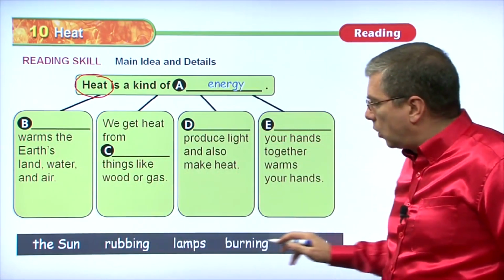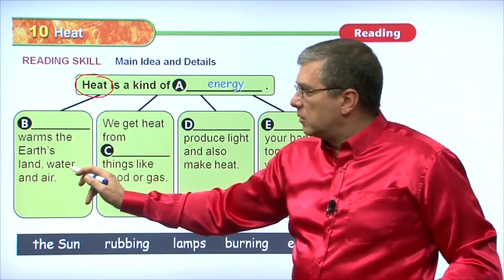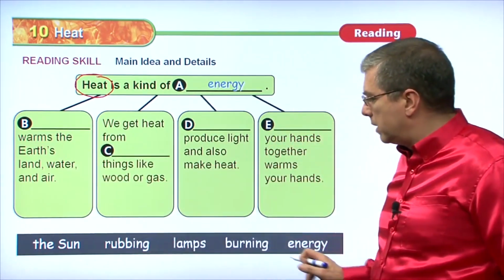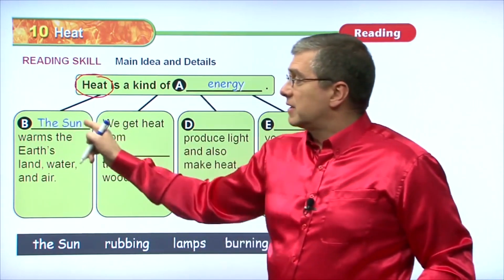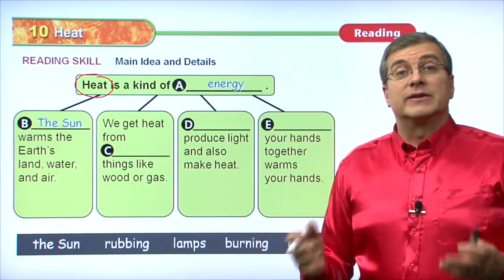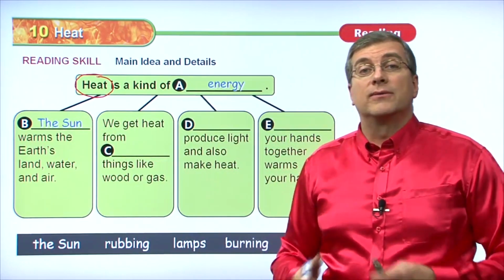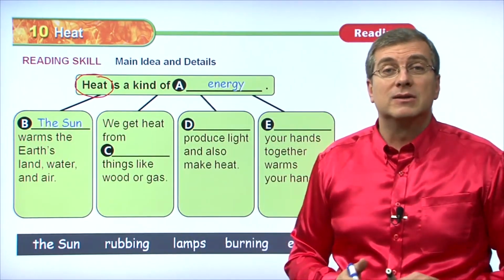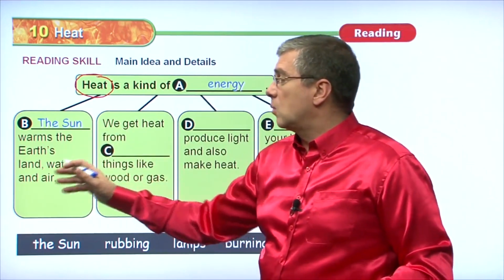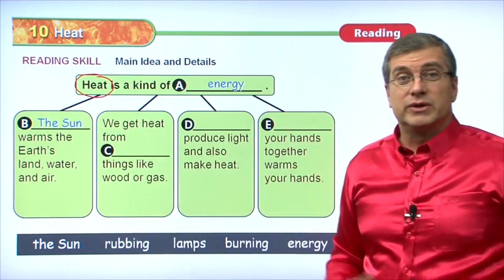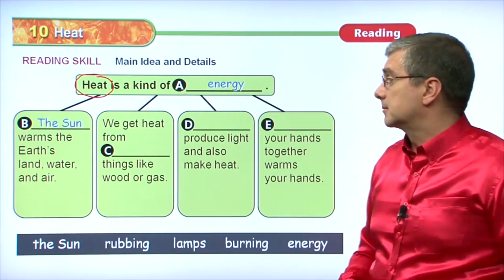What thing down here does that? You should choose, of course, the sun. We talked about that. The sun has been warming the earth for millions and millions of years, right? So the sun warms the earth's land, water, and air. We get most of our heat from the sun.